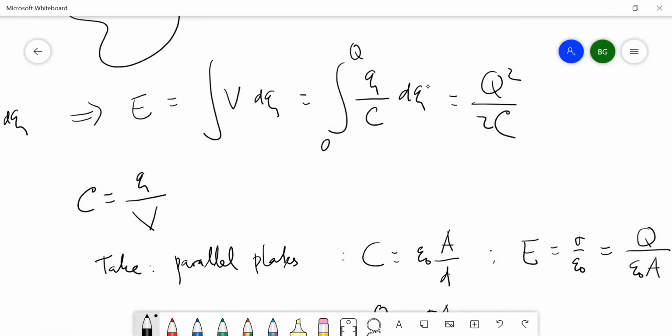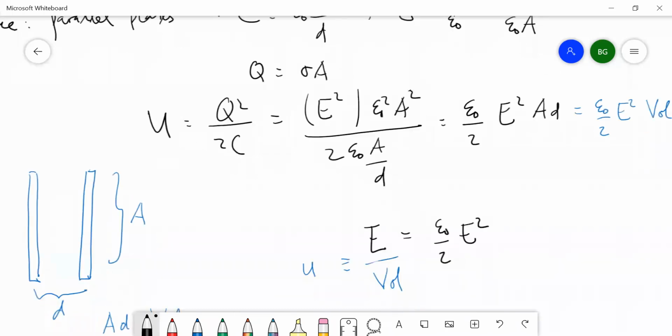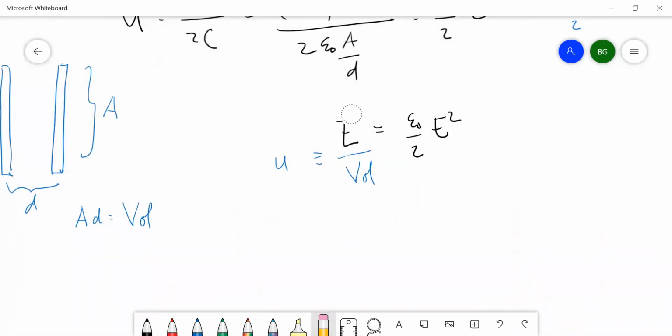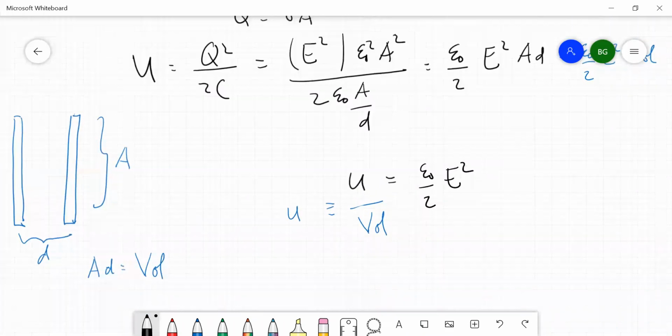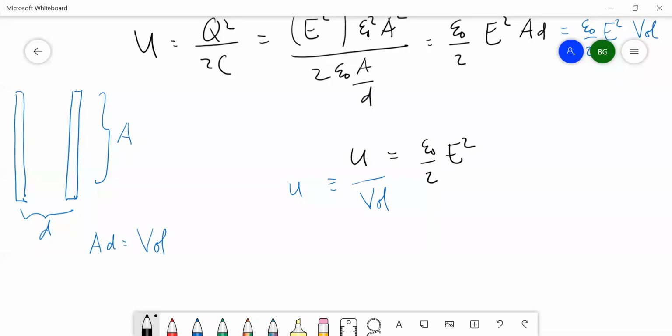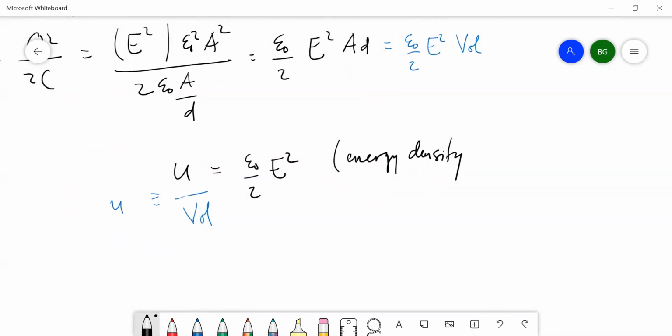Let's say the energy is capital U, and this little u here is the energy density, energy per volume.